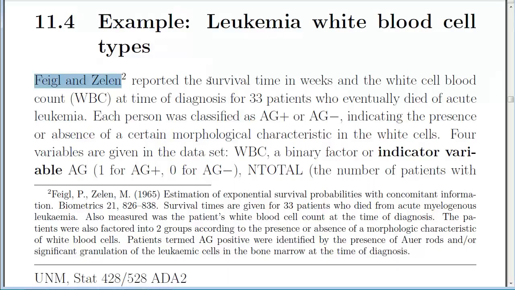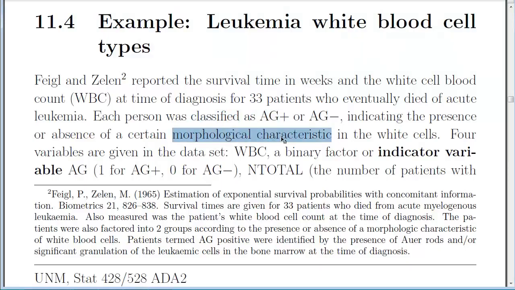And so we have their survival time in weeks as the response variable, which we're going to dichotomize into a binary variable. And we have their white blood cell count, WBC, and we also have whether each person was classified as being AG positive or AG negative, which is an indication of a certain morphological characteristic of the white cells.